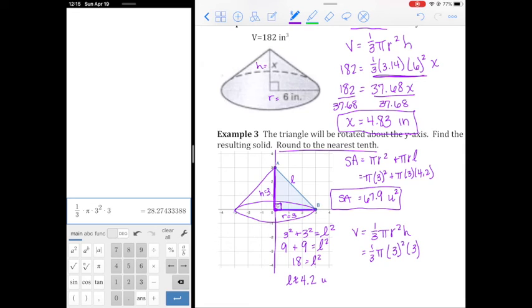Rounding to the nearest tenth, or the first decimal place, is going to be 28.3, and this is in cubic units. So whenever you see a triangle rotated around an axis, that is actually creating a cone.